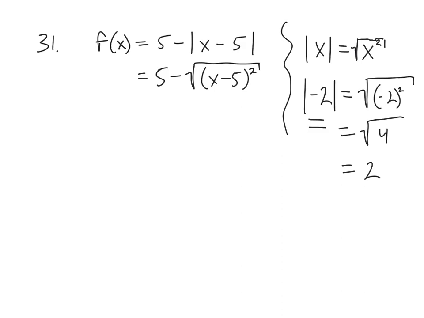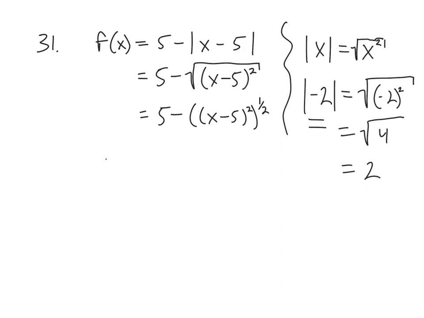Now, I prefer when I'm taking derivatives to be using roots in terms of powers. So I'm going to rewrite this as 5 minus x minus 5 squared, all raised to the 1/2. Okay, so now I can just take the derivative using power rule and chain rule.